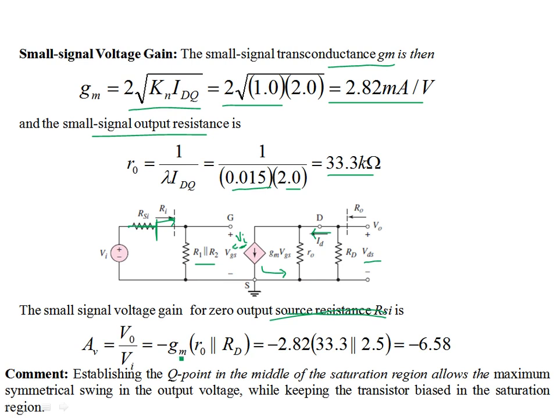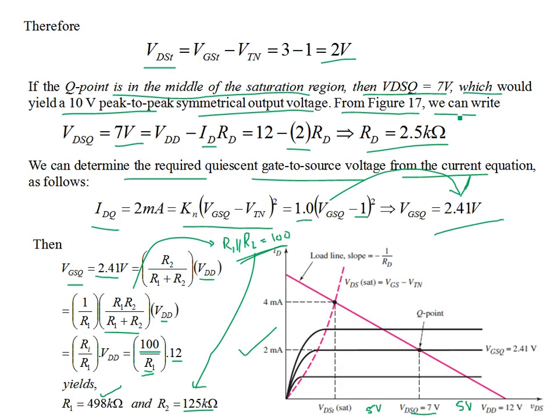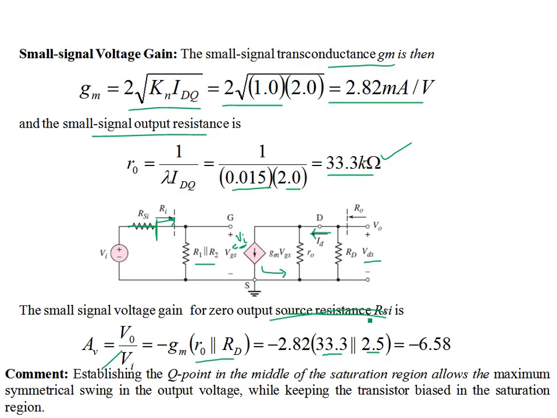So the voltage gain is minus gm VI, VI can be taken on the left hand side, into ro parallel RD, where ro is the output resistance of the transistor and RD is the drain resistance that we found from here. Plug those values with the transfer conductance gain and you find the voltage gain is 6.58.